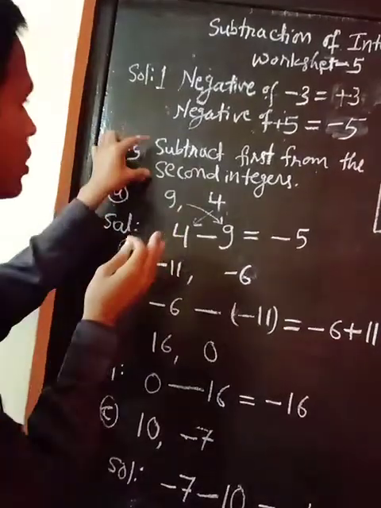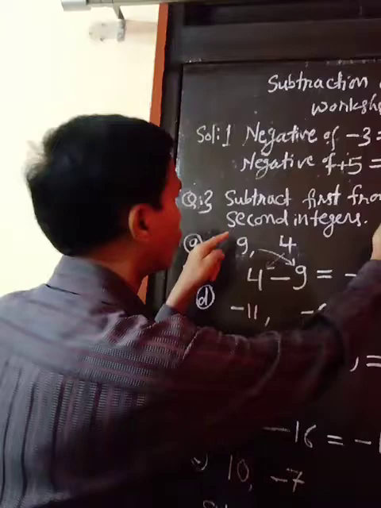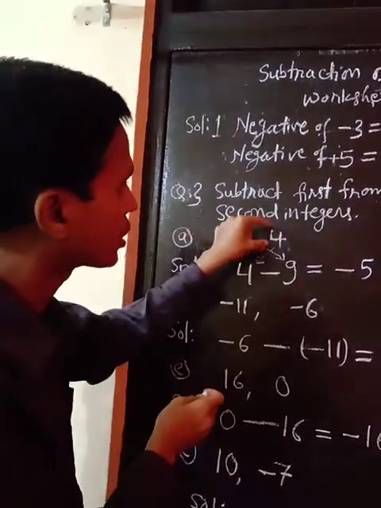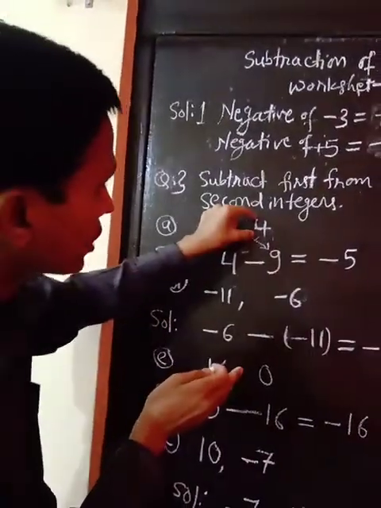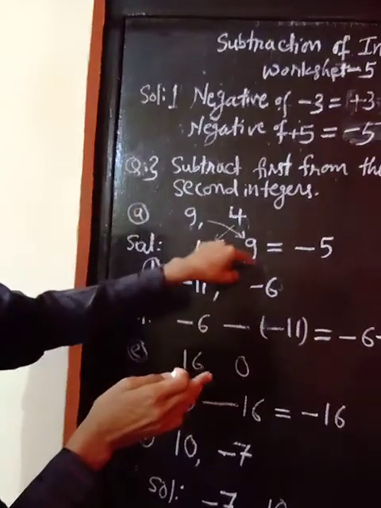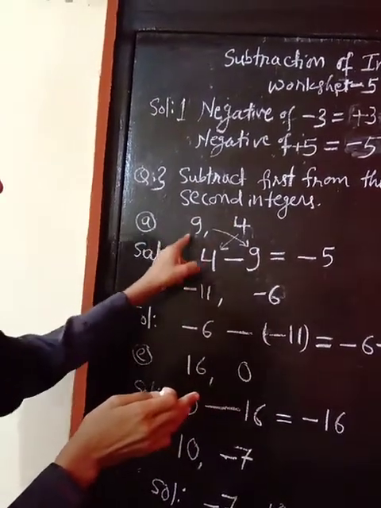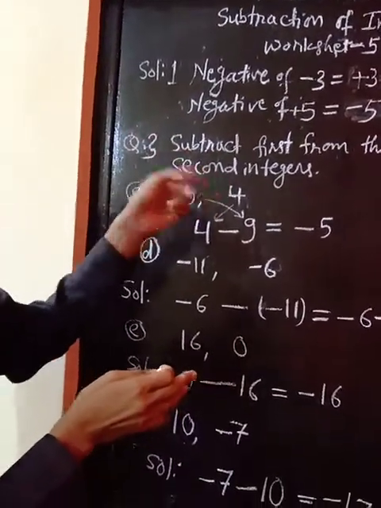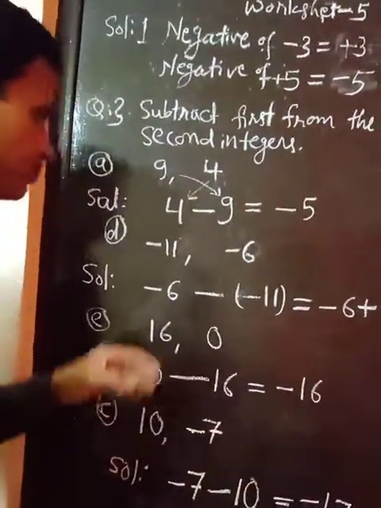Because the meaning of this sentence is, घटाओ पहले को दूसरे से, meaning subtract the first number from the second number. So the second will be written first, then this first will be subtracted, when the question is given in this way, subtract from. So 4 minus 9, this is minus 5.